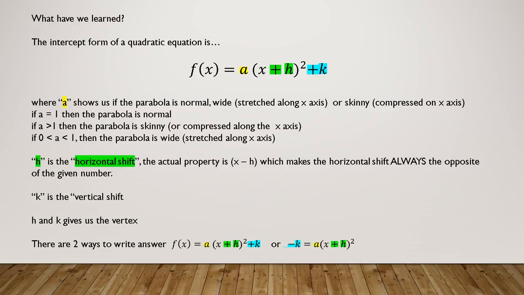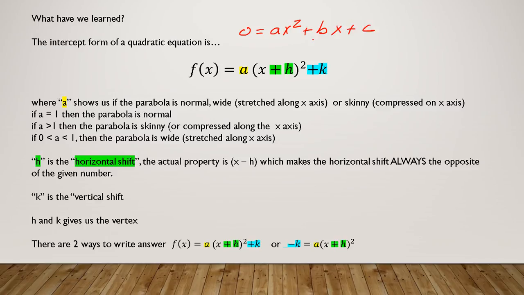What have we learned in this module? We have learned that the basic form of a quadratic equation, or the vertex form, is f of x equals a times the quantity x plus h squared plus k. Now, you're used to a quadratic equation looking like this: 0 equals ax squared plus bx plus c.